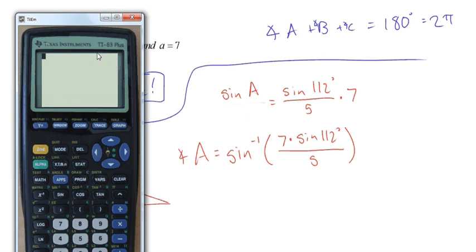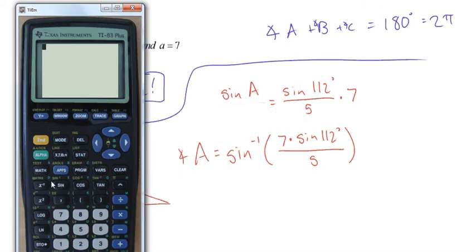We've got the inverse sine of 7 times the sine of 112 degrees divided by 5. Oops, I've got too many parentheses in there. Clear that, type one more time.